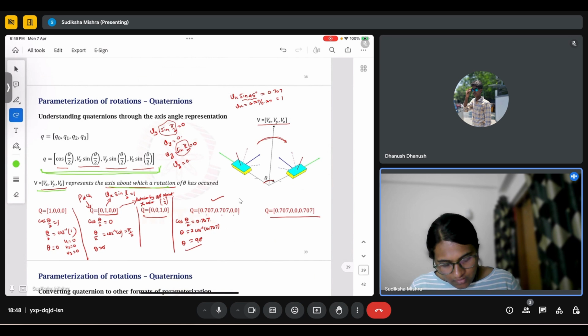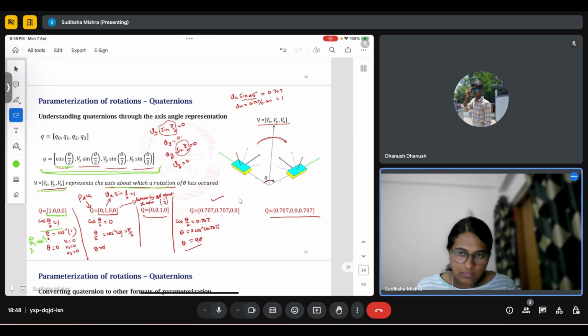Suppose you have a quaternion 1 0 0 0, then the cos theta by 2 component is equal to 1. Theta by 2 is cos inverse of 1, which is 0 degrees.